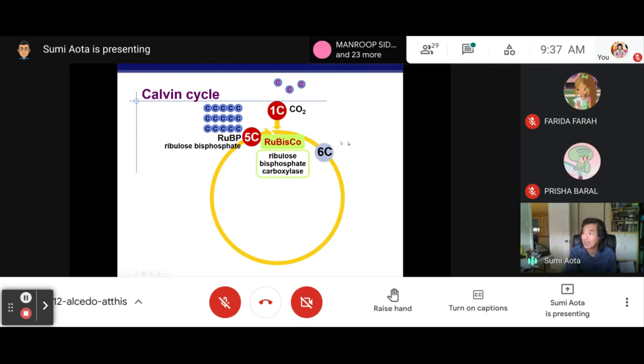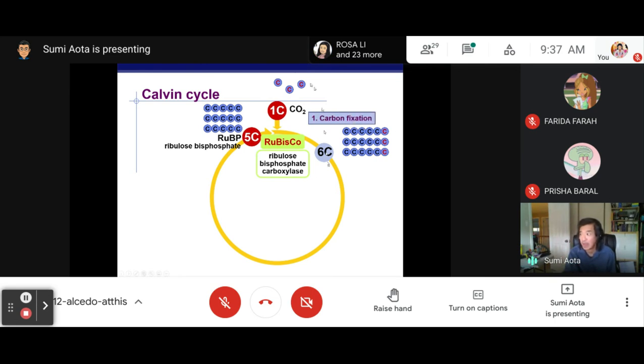That's going to give you a 6-carbon molecule here. The problem is that this 6-carbon molecule is completely unstable, and because it's unstable, it's going to immediately split into 2 3-carbon molecules.